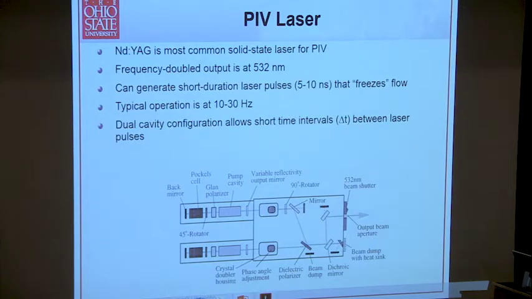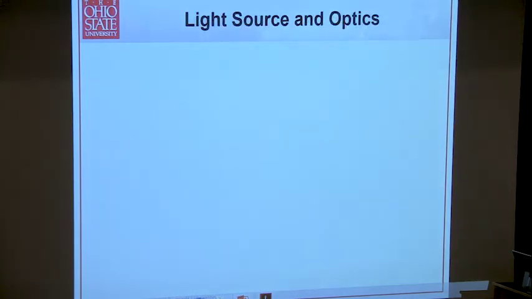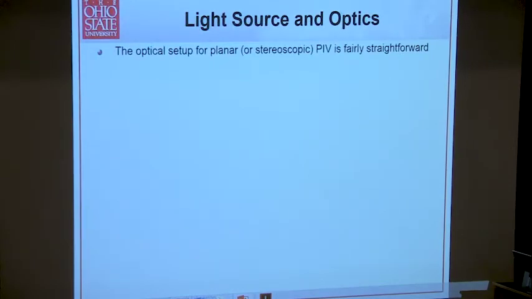So you have 2 separate beams where their time spacing can be varied within a large range, essentially user selected, but they are on top of each other spatially. So if we think about the setup for a planar or even a stereoscopic approach, this is fairly straightforward.